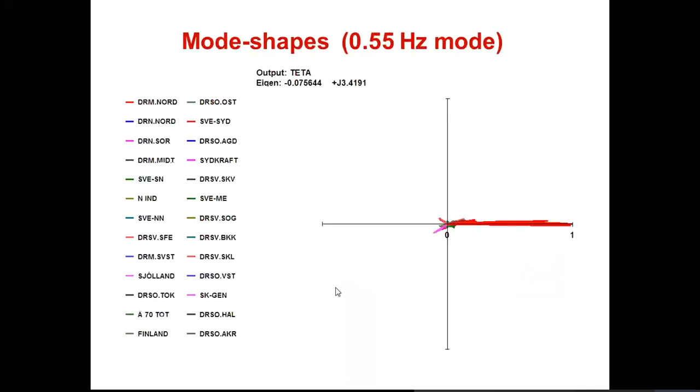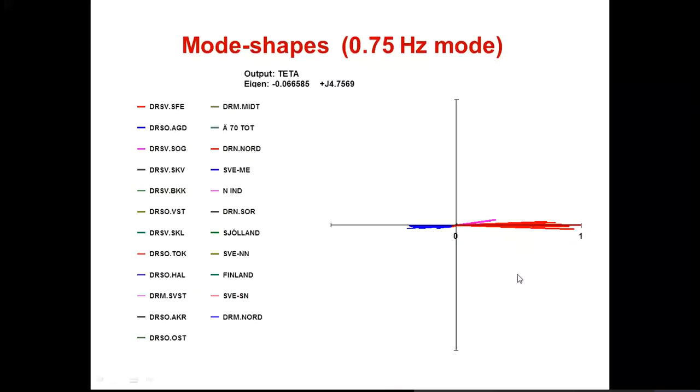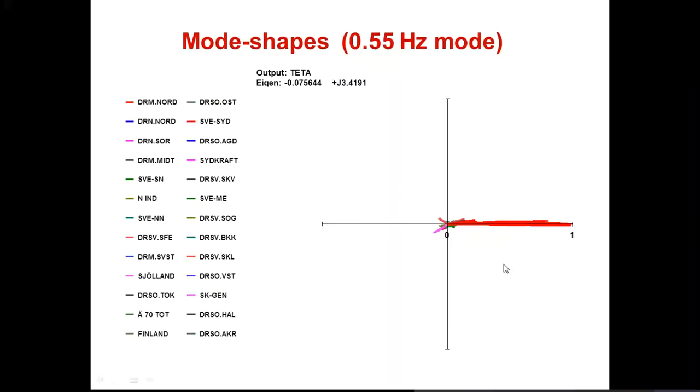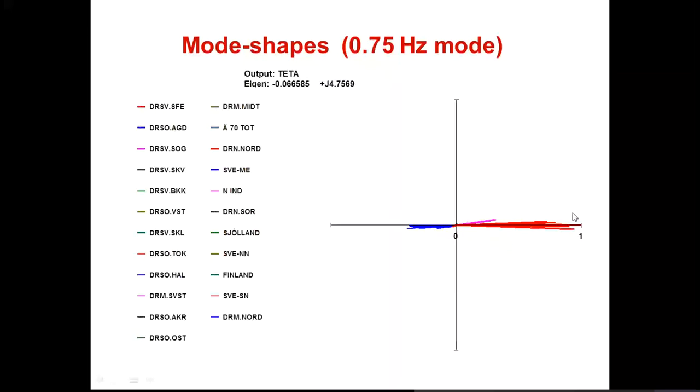But if you refer to this mode, it is observed only between some generators. All right, so that is okay here. Then in the same way, the 0.75 hertz mode is again a local mode, and this one is also a local mode. It is also between some generators here.